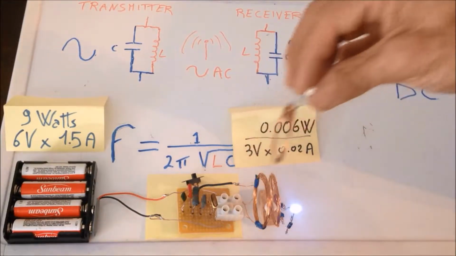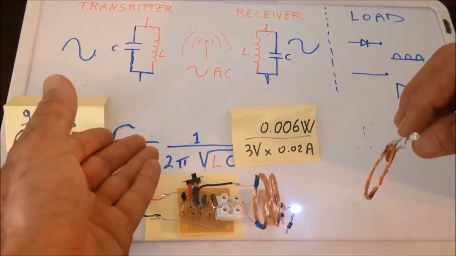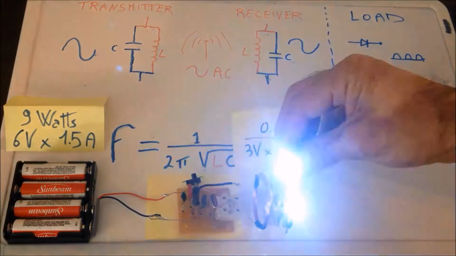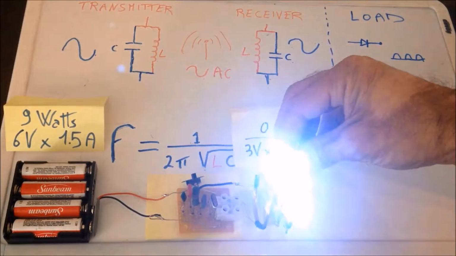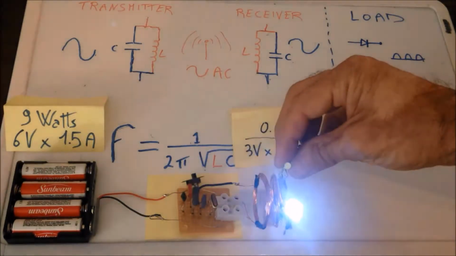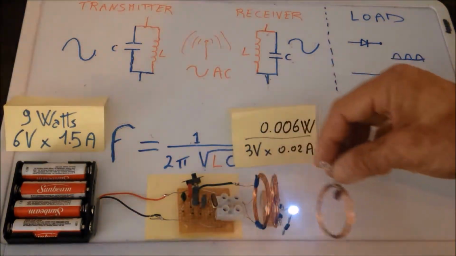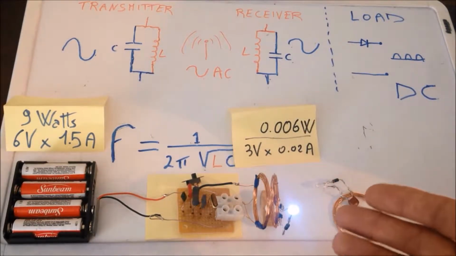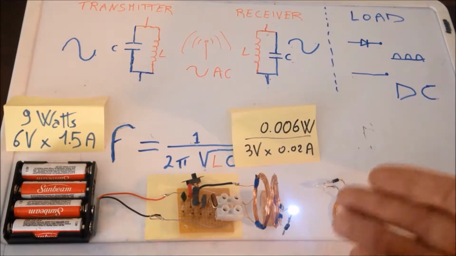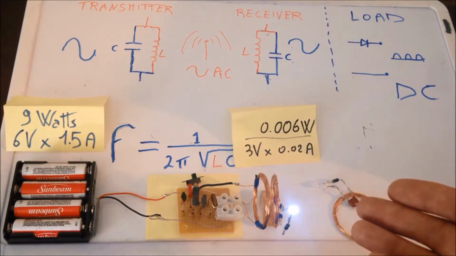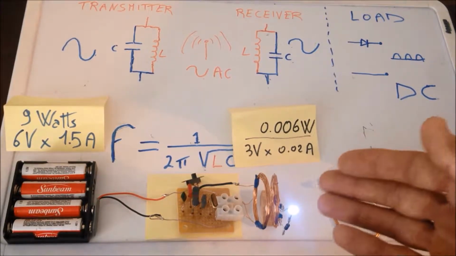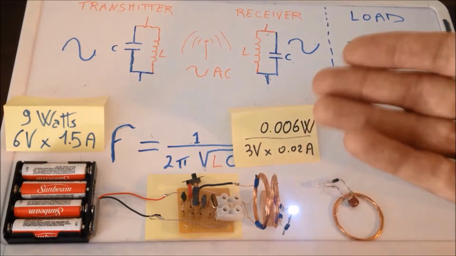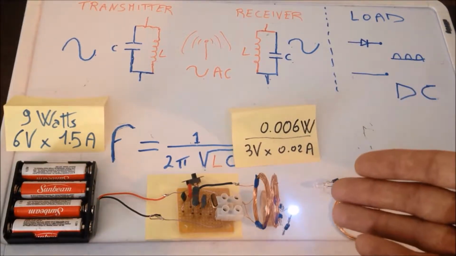The formulas and math never lie. Did you see that? You can pretty much light a few of them. With this circuit, I can totally say that you can light more than 4 or 5 of these LEDs. Not even close to 1,500 of them, because all the energy gets lost in the system.